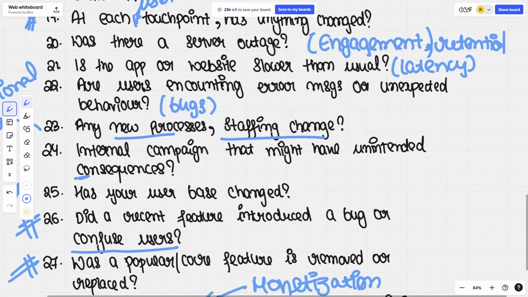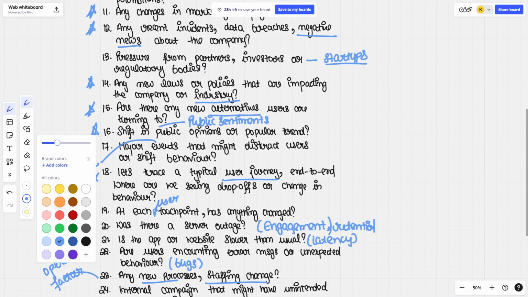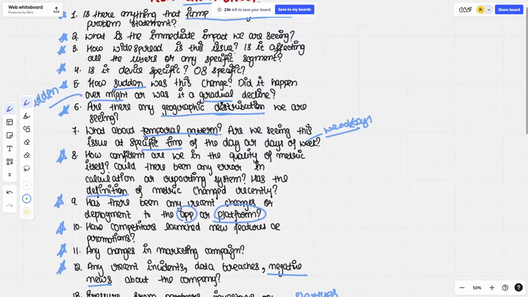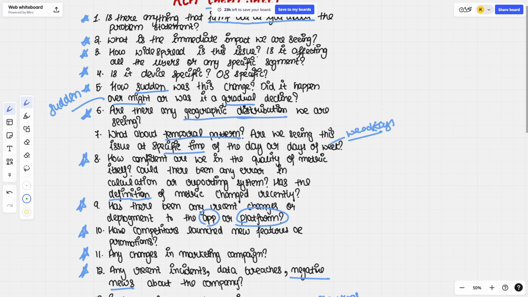Now let us just do some bucketization. When we talk about the clarification questions, from question 1 to question number 9, these are all clarification questions.